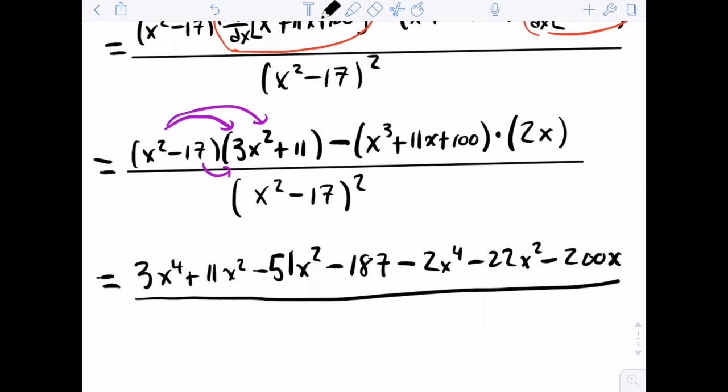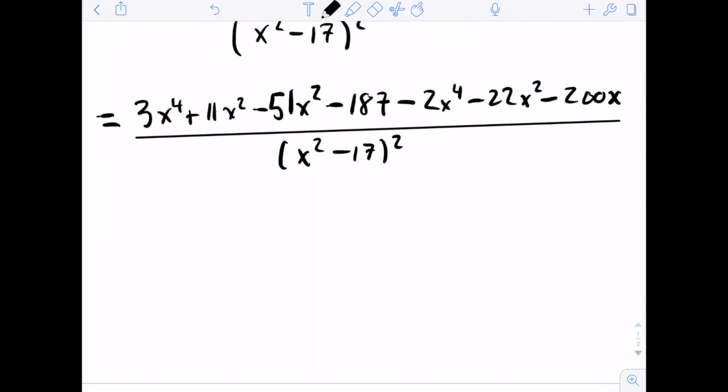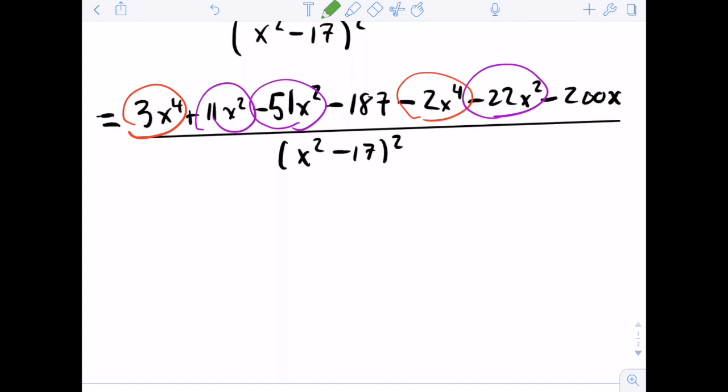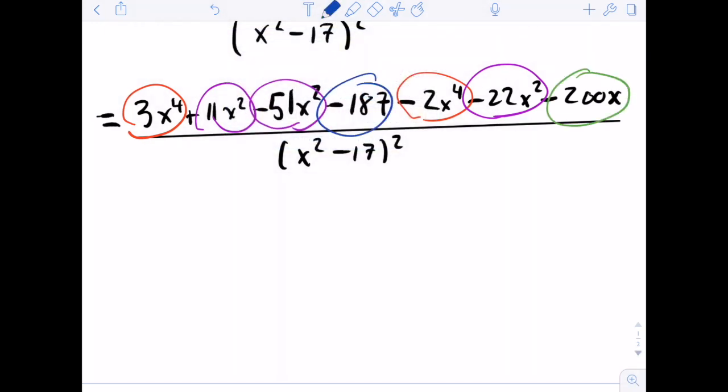Right, that's all divided by x squared minus 17 squared. Okay, so we've got that, and then we can bring together the like terms. There's an x to the 4 and an x to the 4 here. There's an x squared term here, another one here, and another one here. And then there's only an x term left there and a constant term right there.